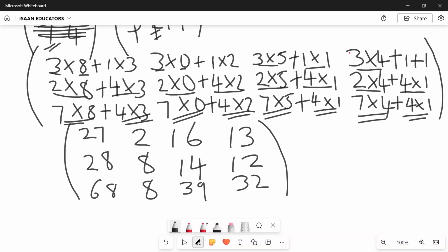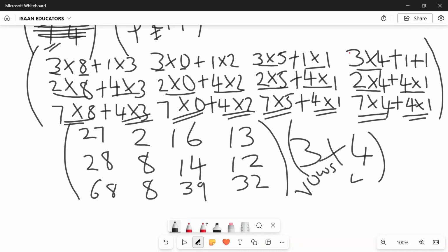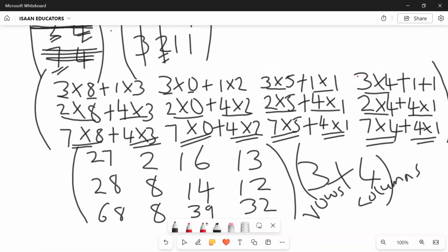As you can see here now, in our resultant matrix, we have a 3 by 4 matrix. It is a 3 by 4 matrix, meaning that it has 3 rows and 4 columns. So let us see now.